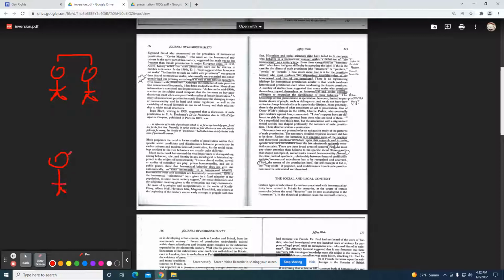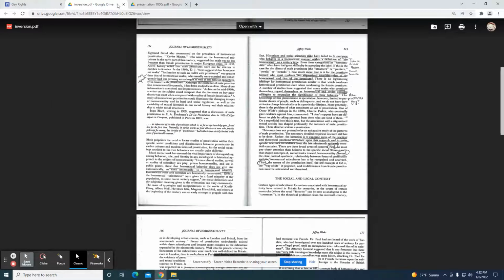Is it possible for that male prostitute to engage in a sexual act with this male, but can the prostitute argue that they're not a homosexual, that it's really a result of their economic status? So this reading is looking at economics and homosexuality.